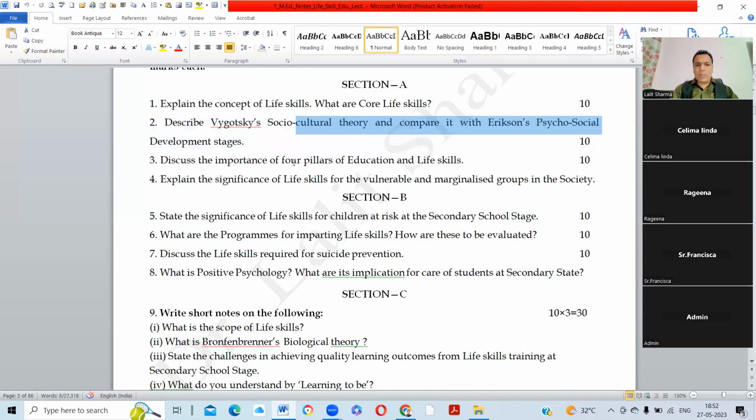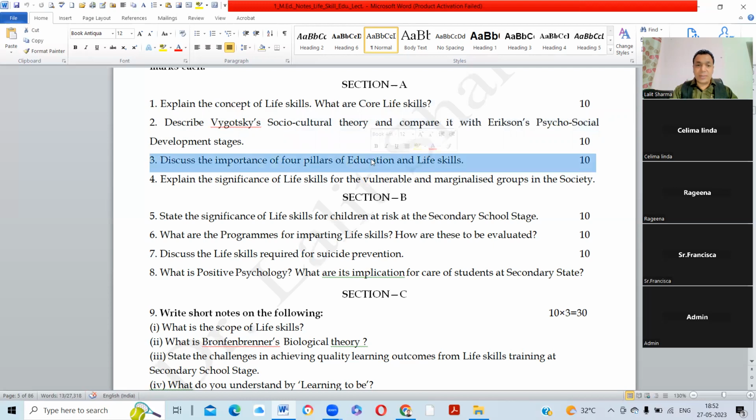And then discuss the importance of the four pillars of education and life skill. Always these questions come, four pillars of education. It was given by Delors, the name of the person who gave these four pillars of education. Sometimes it is called Delors pillars of education. So such type of questions can come.